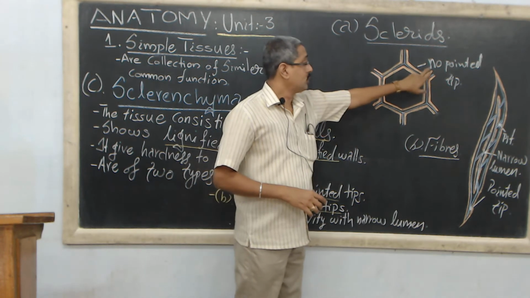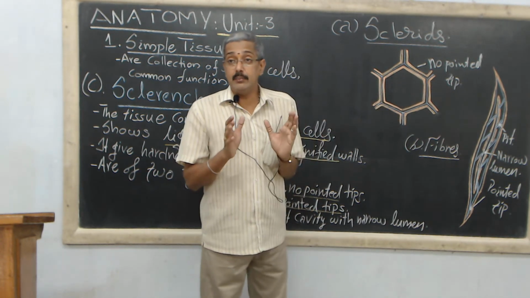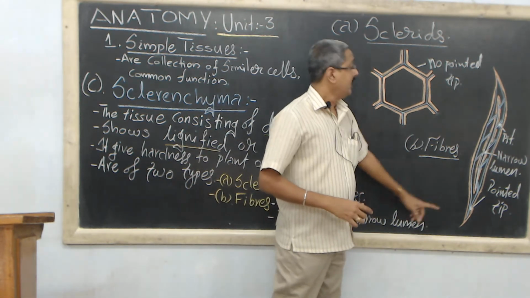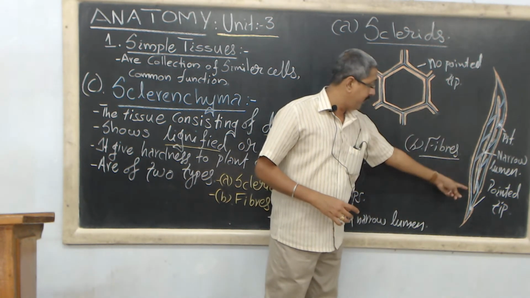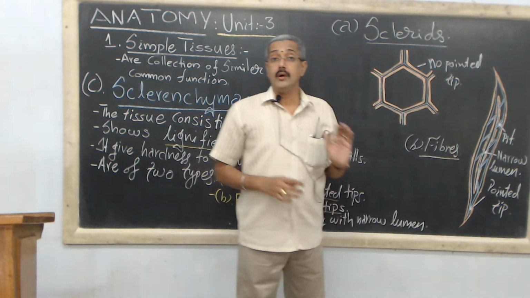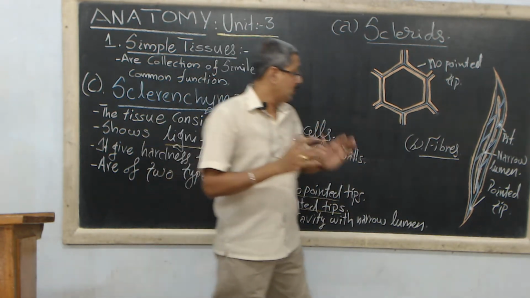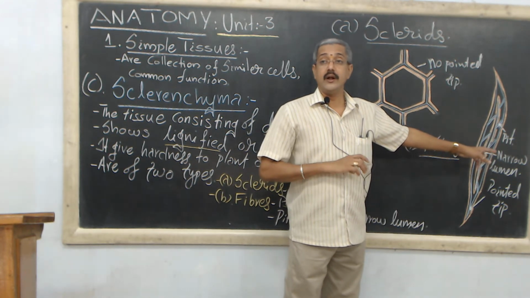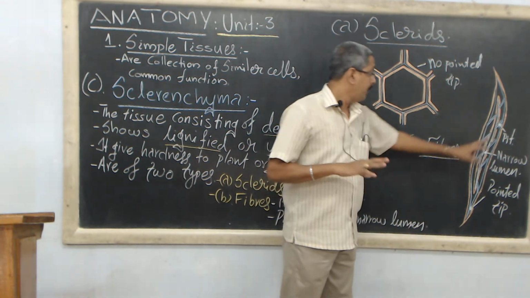Sclerids do not show any pointed tip, and all the inner walls become equally thick walled. Fibers have a pointed tip and a narrow lumen, and the cell walls show thickening, but some pockets do not show cell wall thickening or lignification, and those unthickened areas in the fibers are called pit cavities.